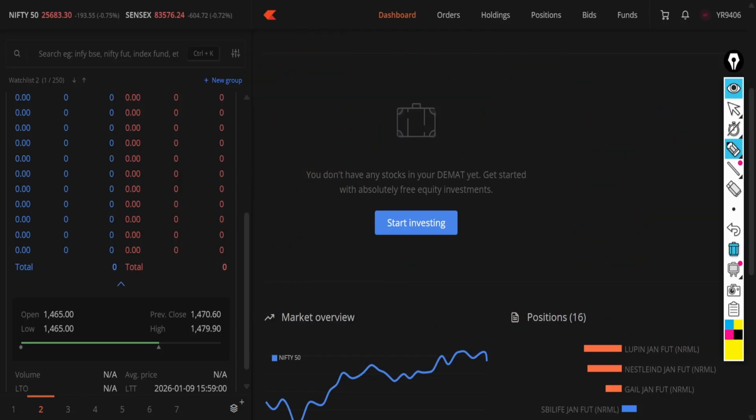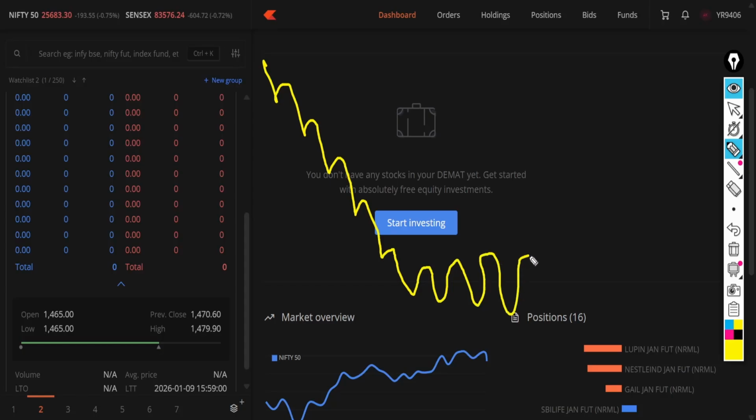But suppose in another case, price is coming down and it started forming a range.